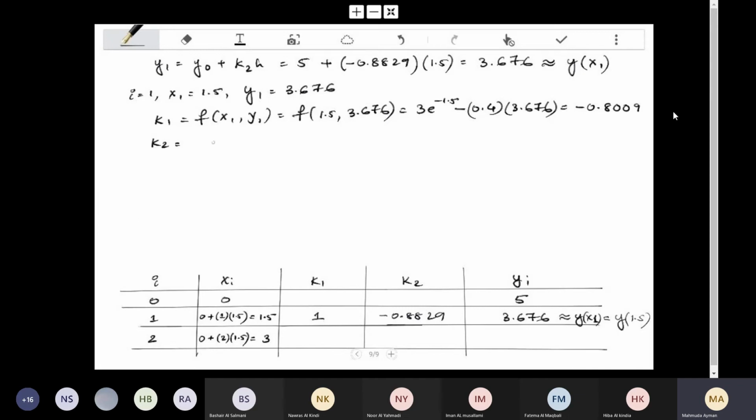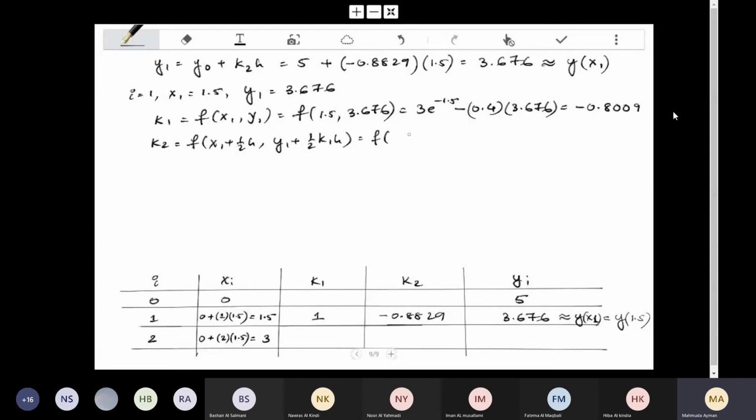And here we have k2, where the function we have at x1 plus half times h, comma y1 plus half times k1 times h here.